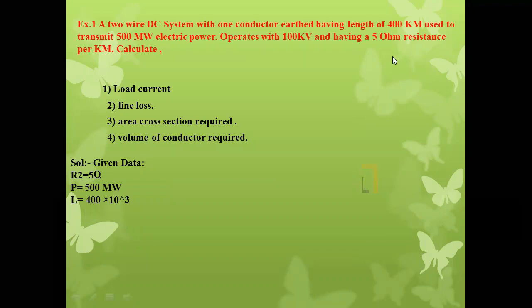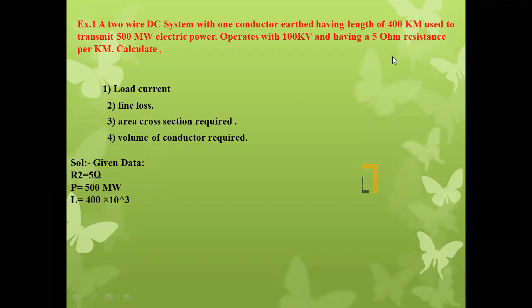In order to find the load current, we first have to know the terminal voltage and the power to be transmitted. The power transmitted is 500 megawatt, which means 500 into 10 to the power of 6 watt.